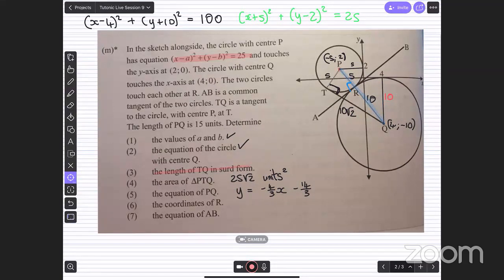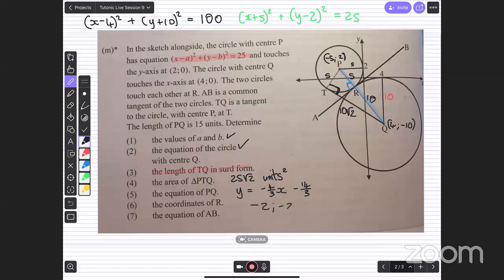And then for the next one, to find the equation of AB, you can see that it'll be perpendicular to PR, right? We have the gradient of PR, which is -4/3. So the gradient of AB will be 3/4. Because we know that R lies on AB, we can use 3/4 as our gradient and sub -2 and -2 into the equation.